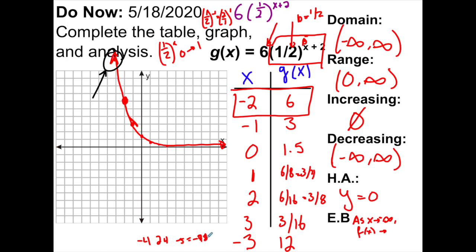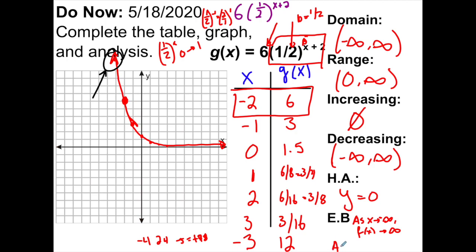You get my point. As x is going more negative, y is going up very, very rapidly. So as x gets really, really negative, y gets really, really positive. So you're going to write infinity.